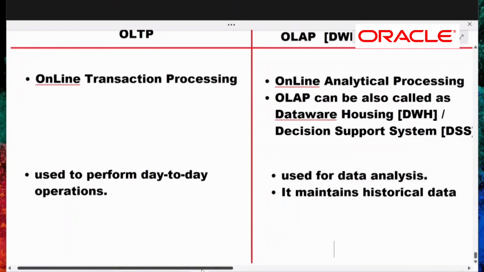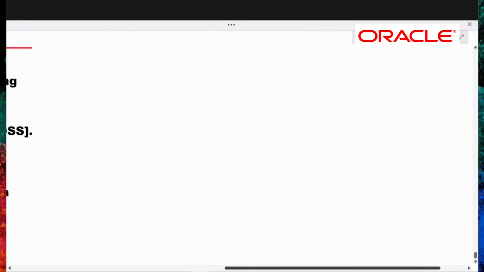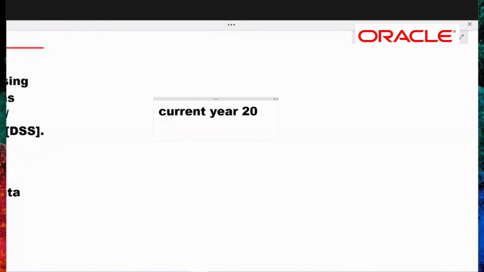For example, see here. Now the current year is 2022. We are maintaining yesterday's sales or today's sales.